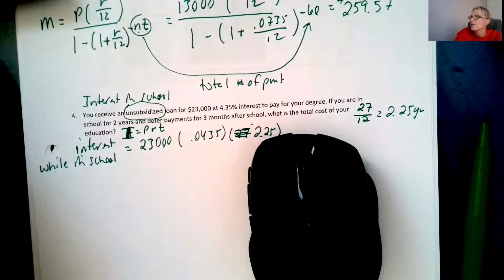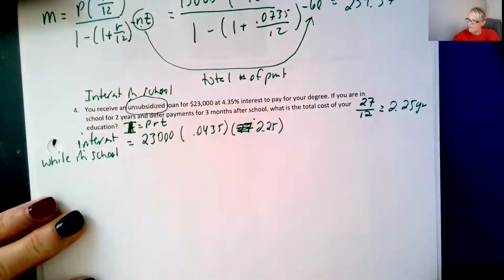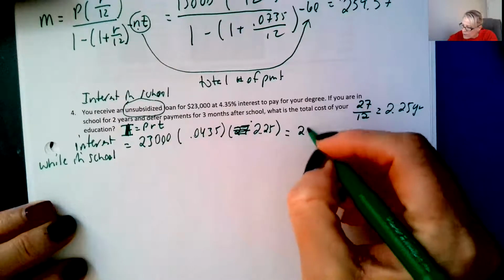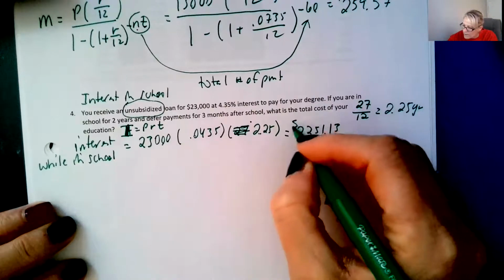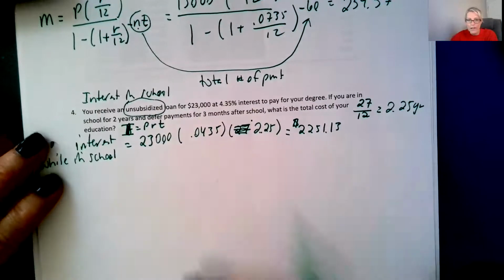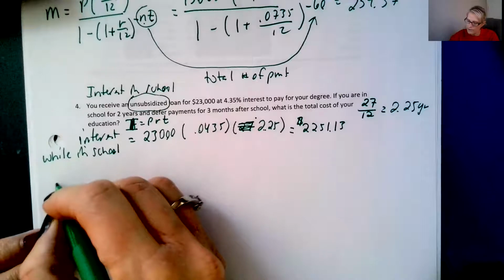I will put the link in the chat for you all. Okay, so our interest comes out to be a total of $2,251.13.